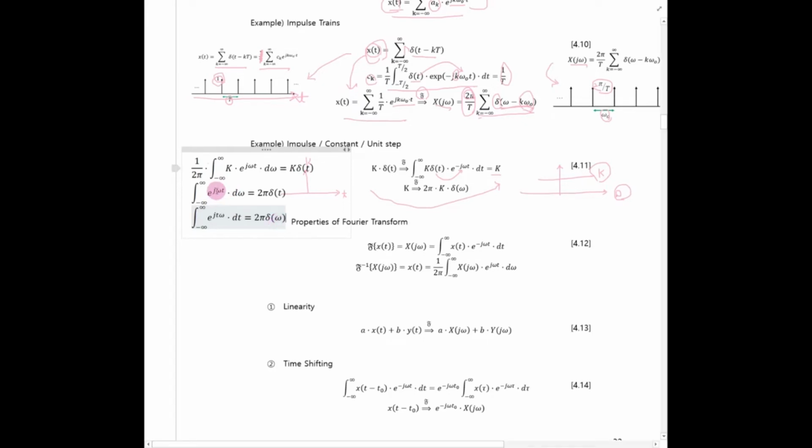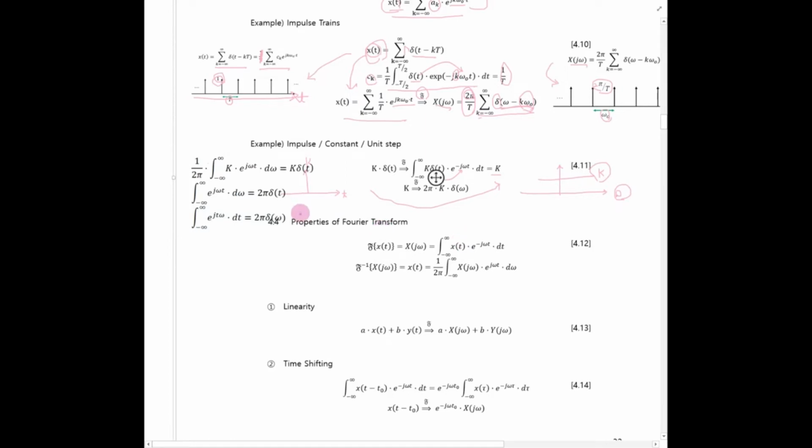Think about it as just replacing t and omega, just changing the variable. Omega still runs from minus infinity to infinity, and similarly t runs from minus infinity to infinity, and then it should satisfy this one.